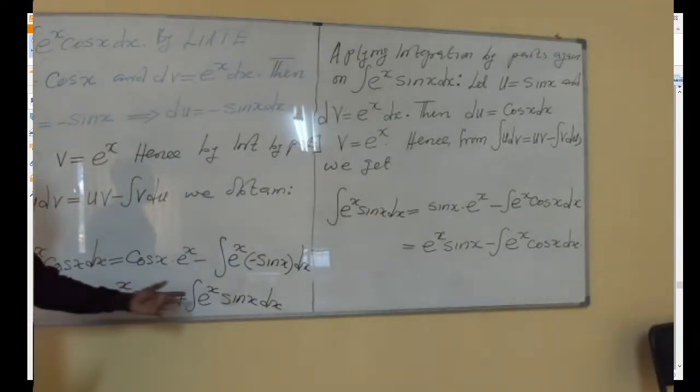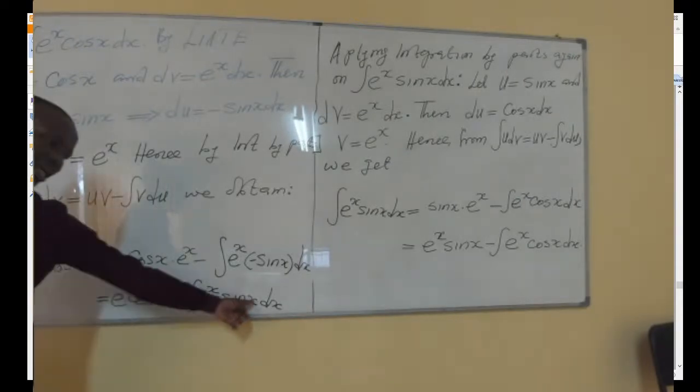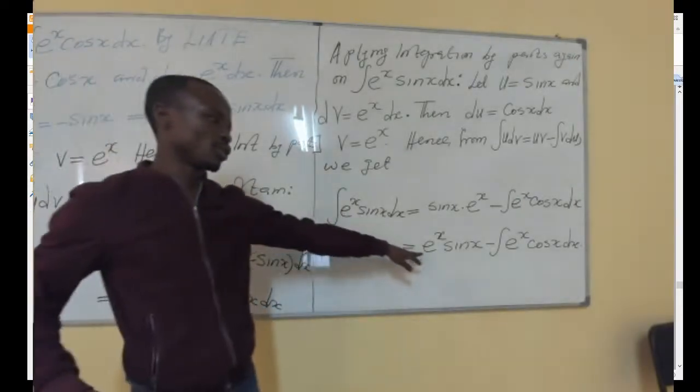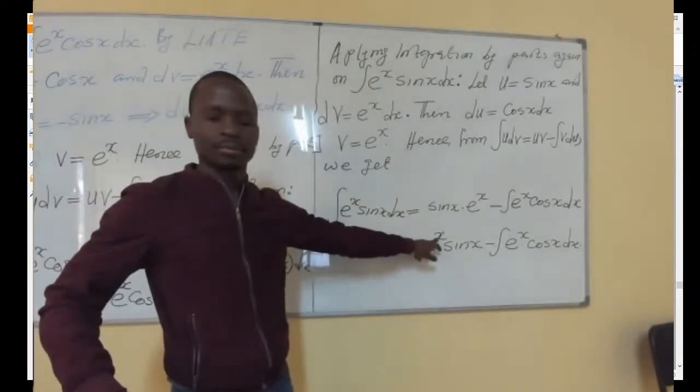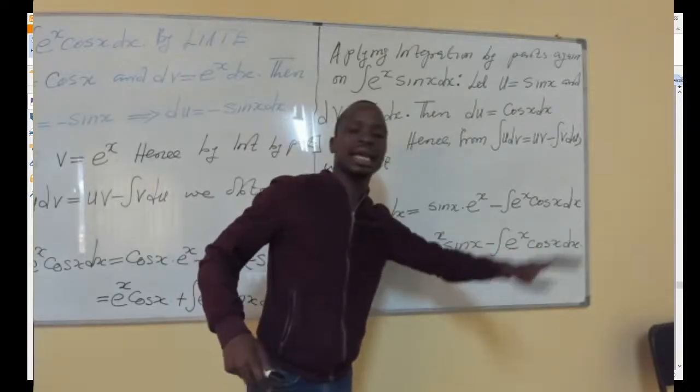Now, you need to substitute where there is the integral of e to the power x sine x dx, you need to substitute it with e to the power x sine x minus the integral of e to the power x cosine x.